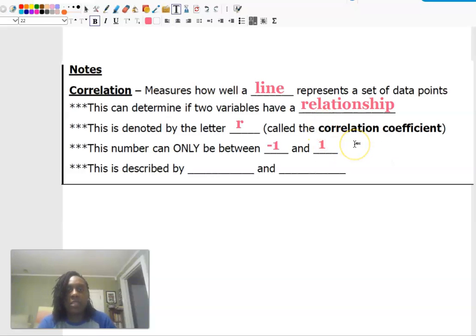So it does not exceed those two numbers and can be described by, so let's go with positive and negative. Okay, also could be strong or weak. Those are also descriptors that we use for R-squared. For your R.